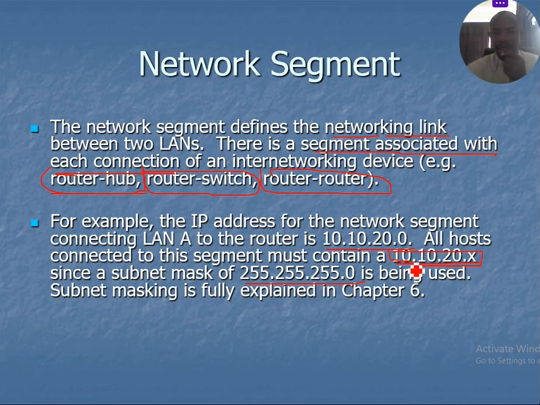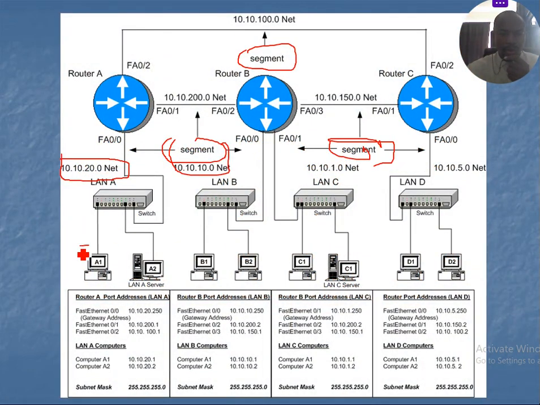So we'll be having 10.10.20.1, 10.10.20.2, like you see here. This computer A1 on local area network A is 10.10.20.1, like that. These are the fast Ethernet interfaces of the router and the switches.